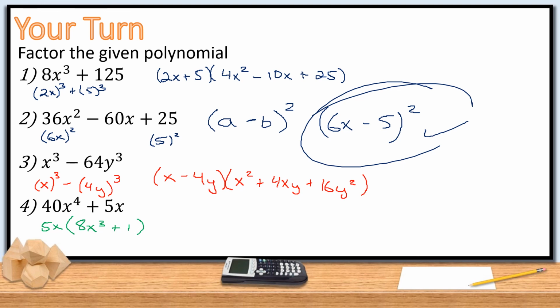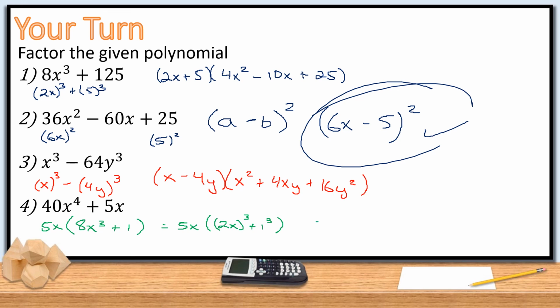Now we're talking because 8 and x are both being cubed, so they're both cubic numbers, and then 1 is also a cubic number. So this can be rewritten as 5x times (2x) cubed plus 1 cubed. So we've got two cubic numbers, the a cubed plus b cubed.